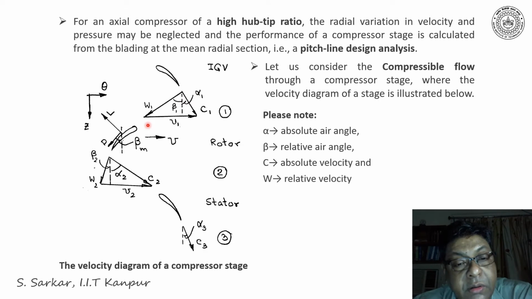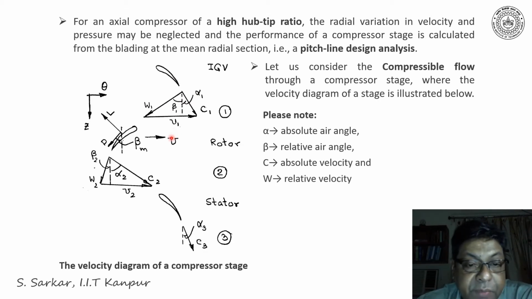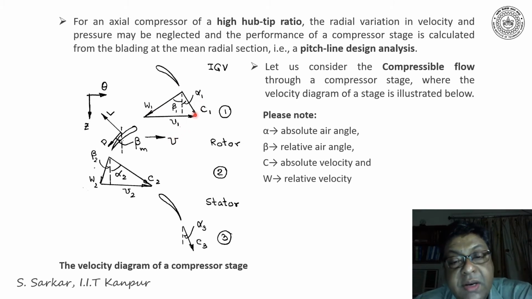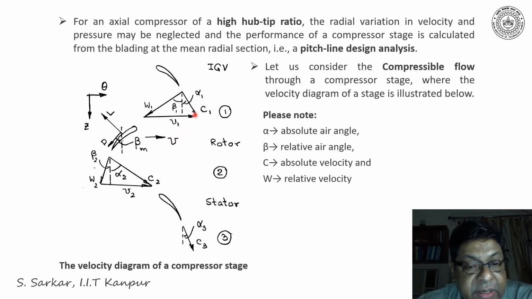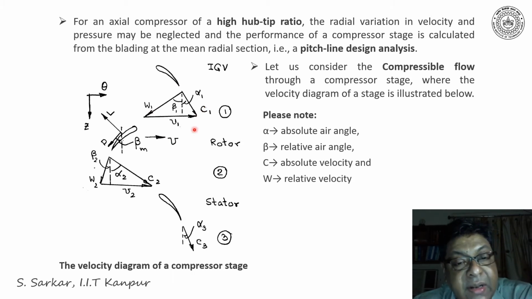Similarly, W1 makes an angle beta 1 with the z-axis. So thus alpha 1 is called the absolute inlet air angle and beta 1 is the relative air angle at inlet.